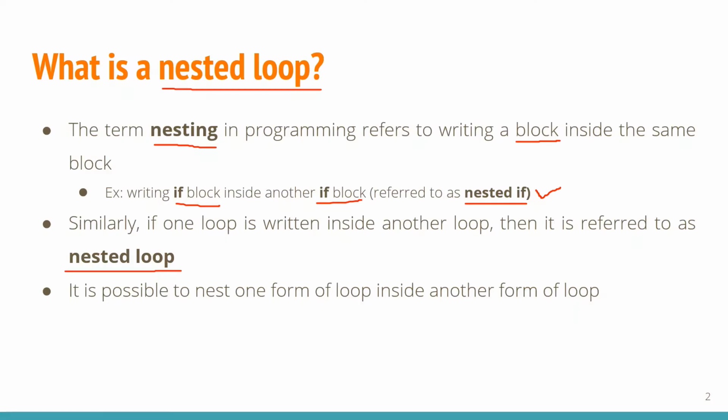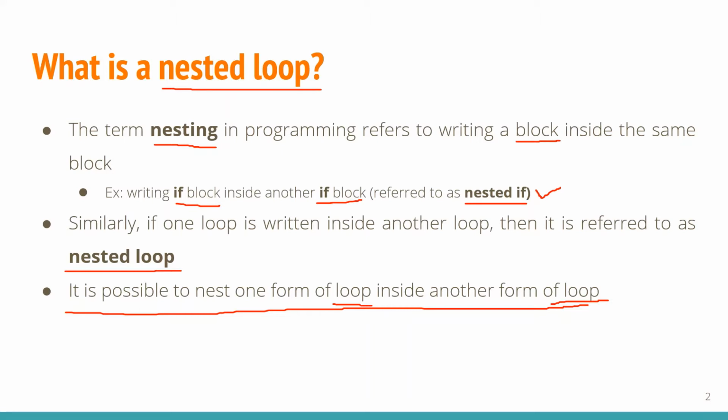It is also possible to nest one form of loop inside another form of loop. We have already seen there are three types of loops available in C, namely while, do while and for. So according to this statement, I can write while inside for.